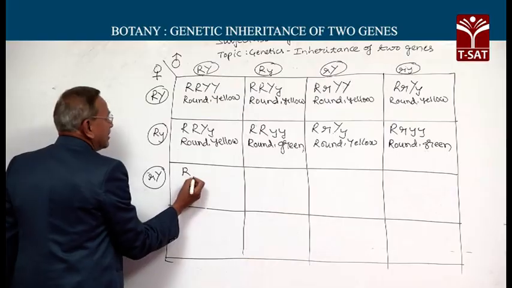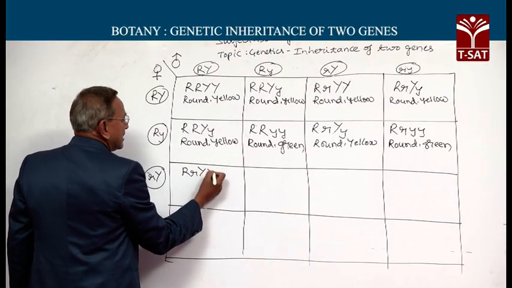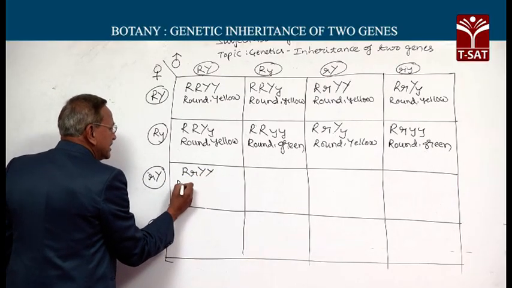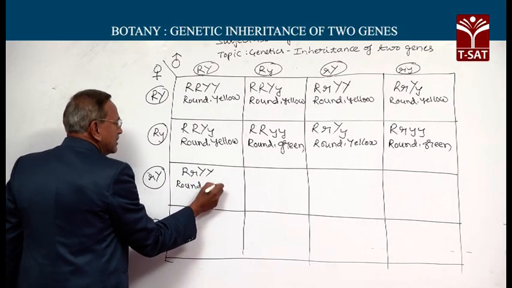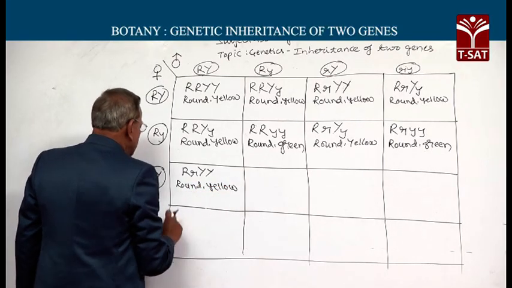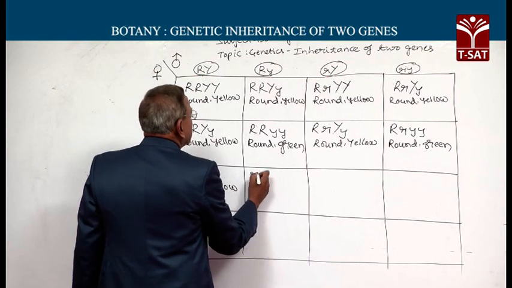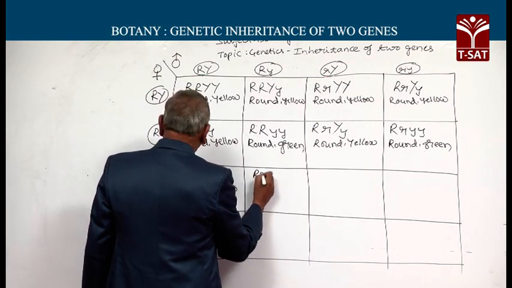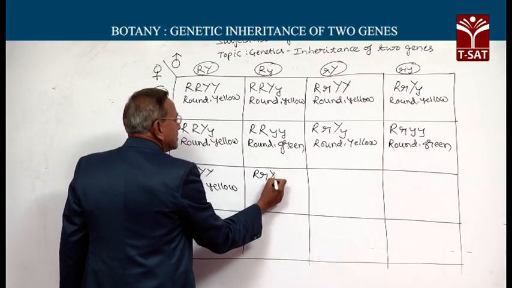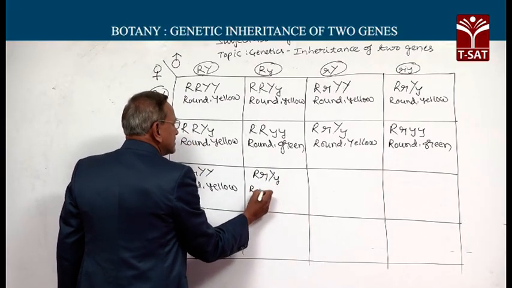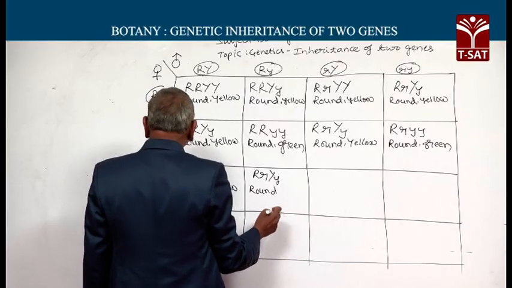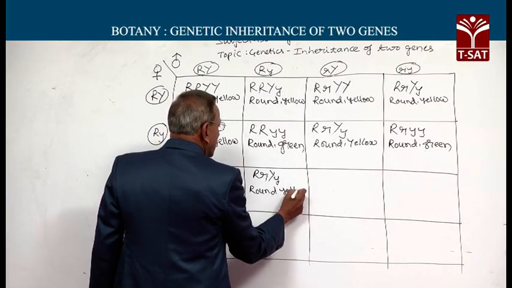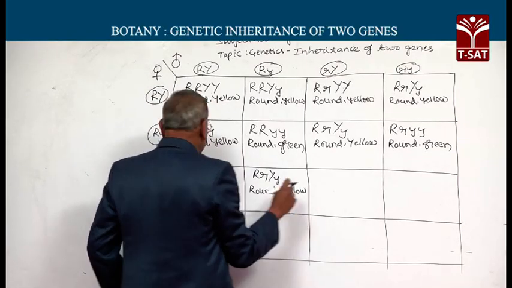Here it is capital R, small r, capital Y, capital Y. This will be round and yellow. Here this is capital R, small r, capital Y, small y. This is round and yellow, round in shape, yellow in color.